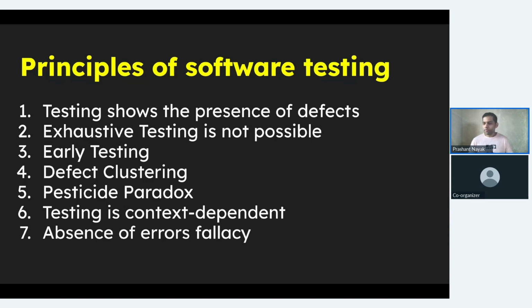The third principle says early testing. It is very important to make sure that we test as early as possible in the development cycle. Let's say the development happens, and you start the testing process at a very late stage, just before the production deployment, let's say 3 days before the production release of that product to the market.